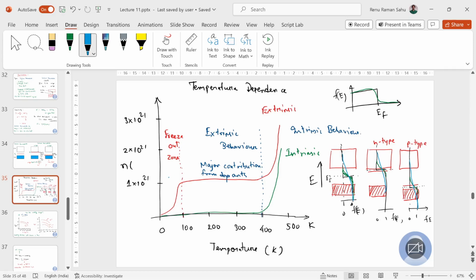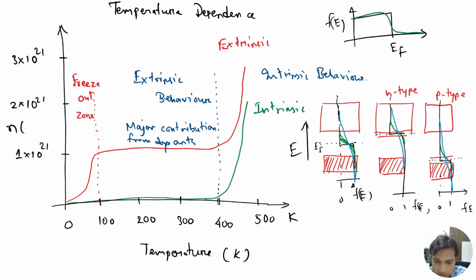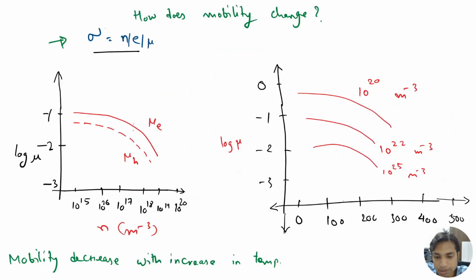One is called the freeze out zone, when we are at very low temperature. Then at some moderate temperature you have extrinsic behavior, and then you have intrinsic behavior. Whereas in the intrinsic semiconductor you have only one region, and that is your intrinsic region. That's all. So that is your concept, how it varies with the temperature.